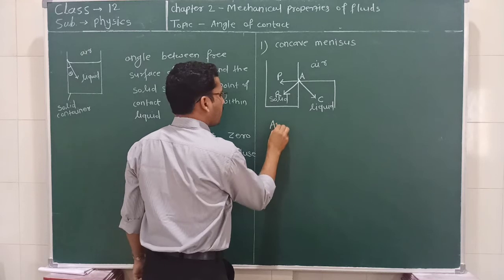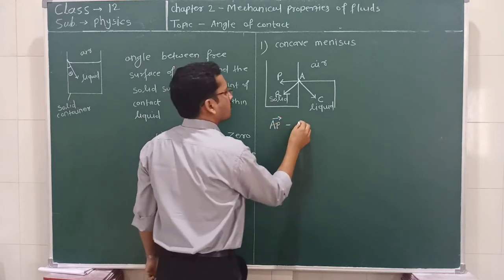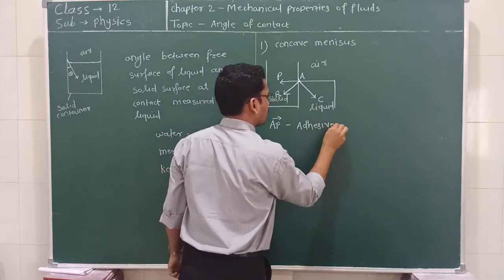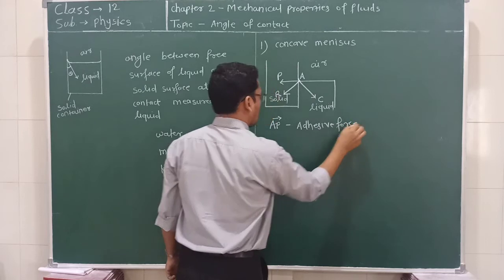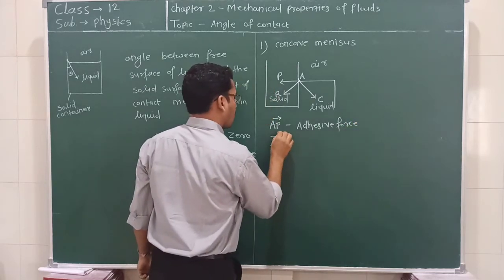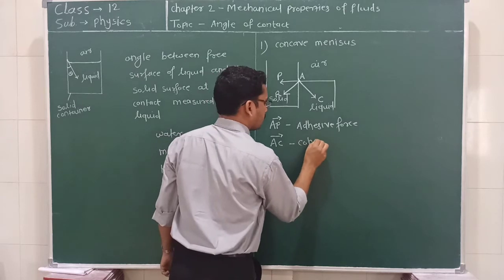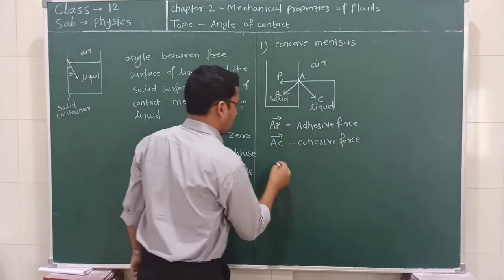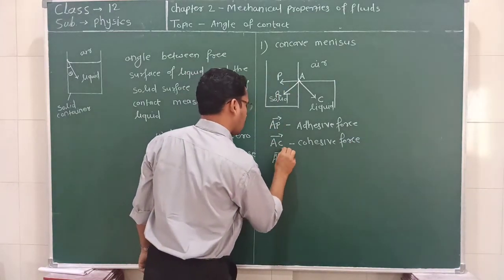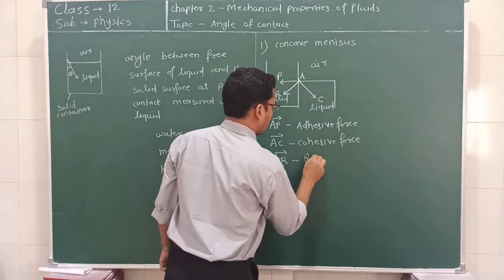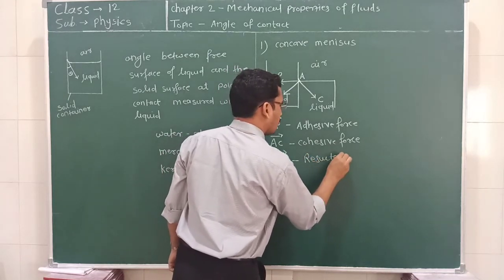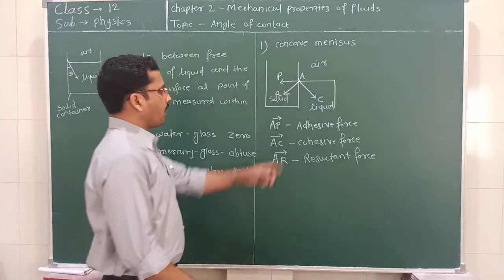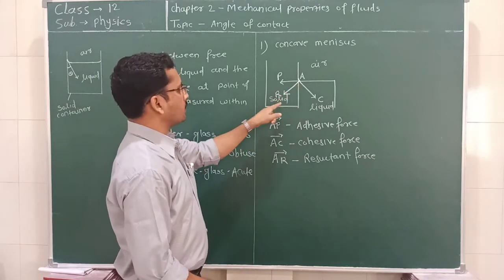So AP is the adhesive force, this AC is the cohesive force, and this AR is the resultant. Resultant of what? Resultant of these two forces, cohesive and adhesive. Why does this resultant force lie in the solid?